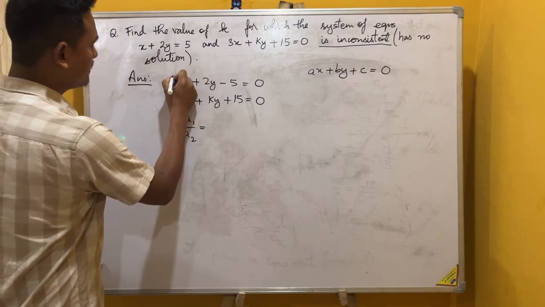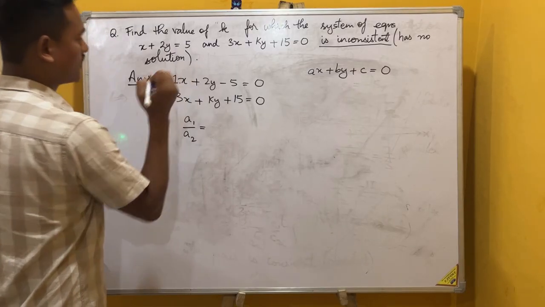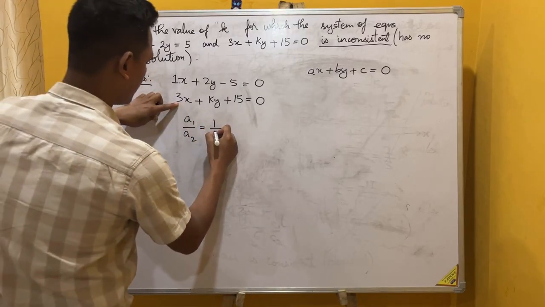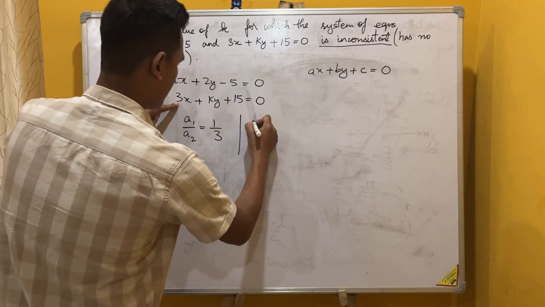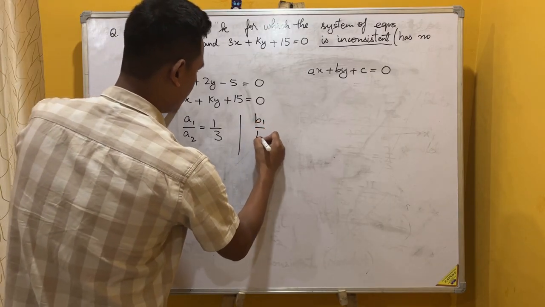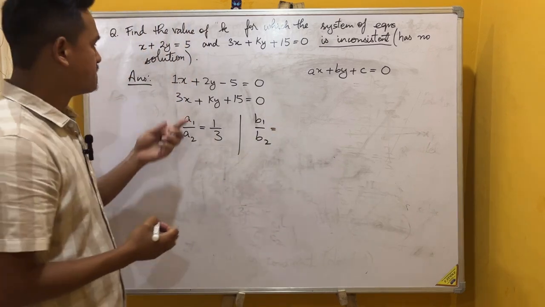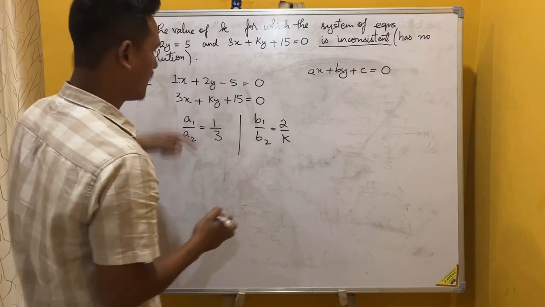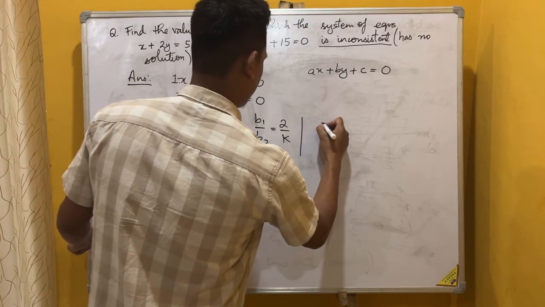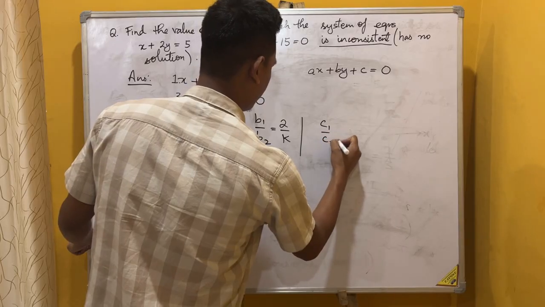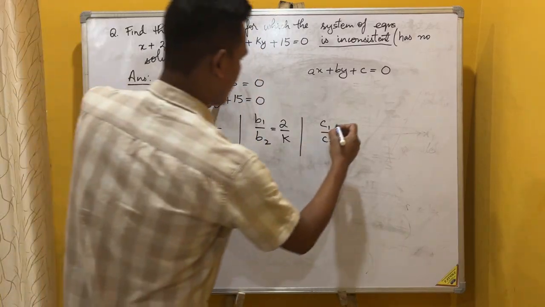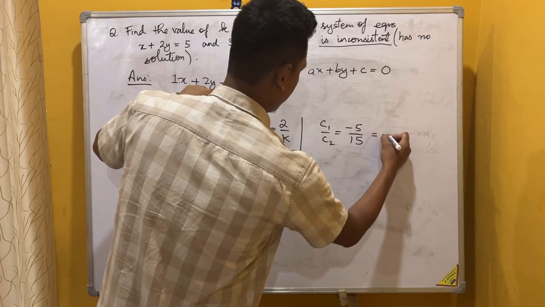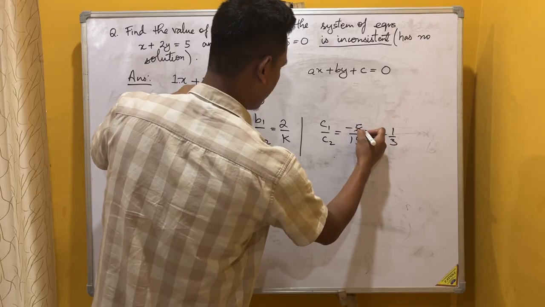The coefficient of x is nobody, which means it's 1. So a1 is 1 and a2 is 3. Similarly, b1 upon b2 is 2 upon k, and c1 upon c2 is minus 5 upon 15, which is minus 1 by 3, because 5 ones are 5, 5 threes are 15.